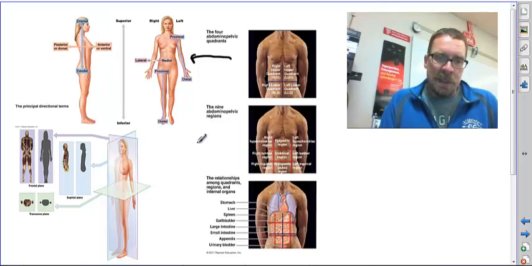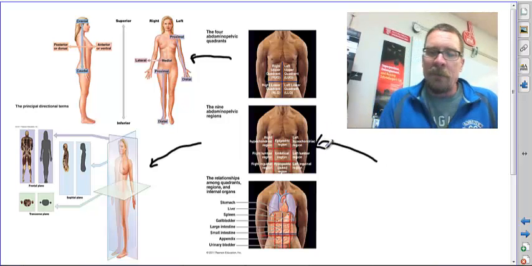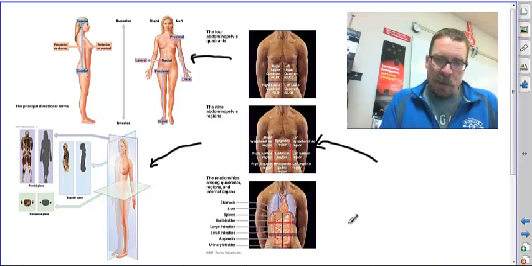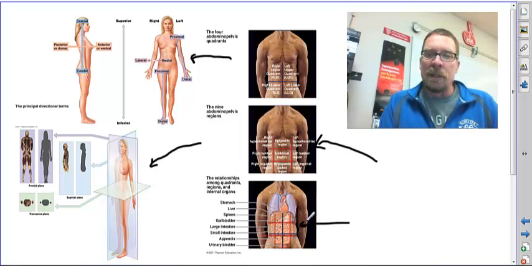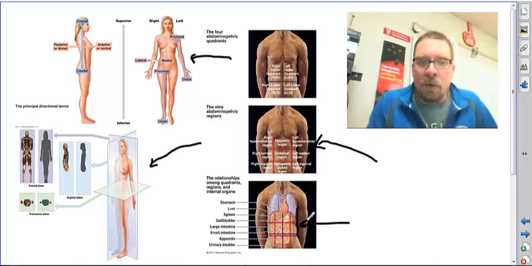Know the body planes: sagittal, mid-sagittal, horizontal, transverse. Know all the 9 quadrants of the abdominal cavity where most of your vital organs are, and also, of course, what's in what quadrant, even though this picture and list doesn't have them all in there. That stuff is drill and kill.